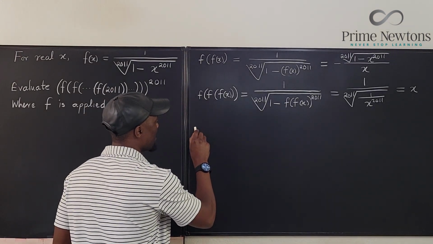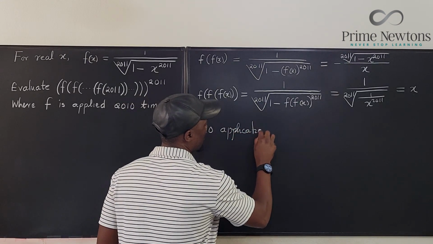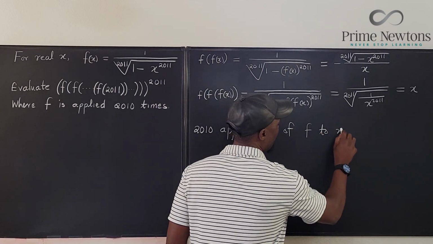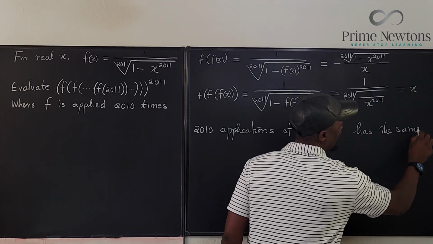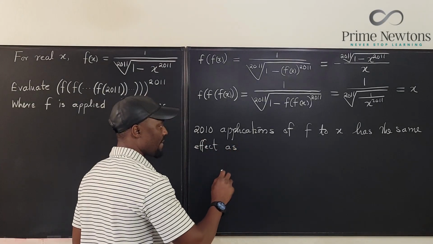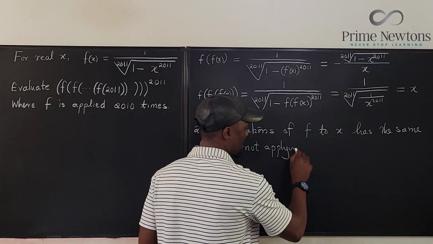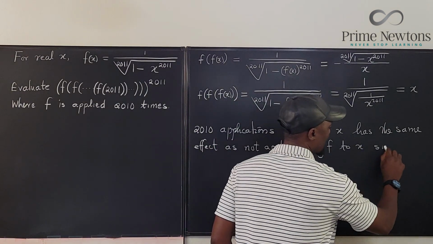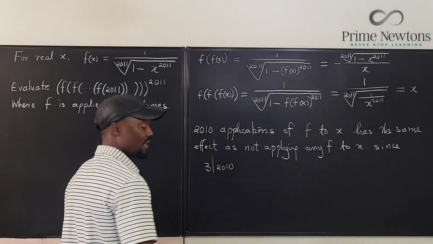So 2010 applications of f to x has the same effect as not applying any f to x, since 3 divides 2010.